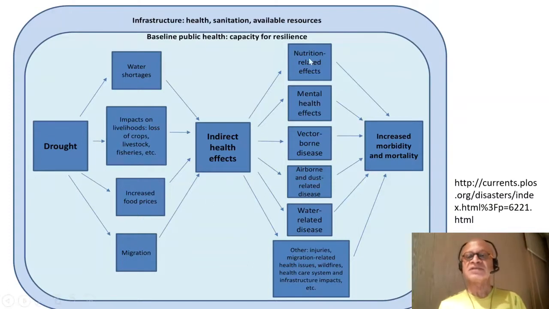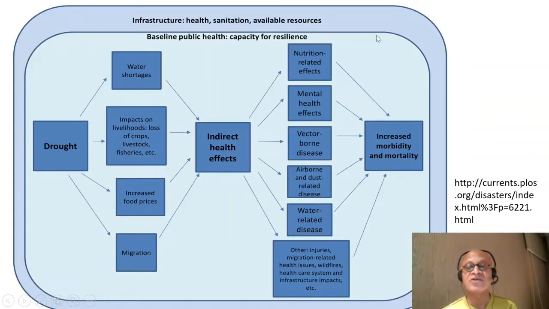So the impacts that affect baseline public health and capacity for resilience include nutrition-related effects, mental health effects that we talked about, vector-borne diseases, airborne and dust-related diseases like meningitis, water-related diseases, of course, and other injuries, migration-related health issues, wildfires, healthcare system and infrastructure impacts, etc., leading in total to increased morbidity and mortality.